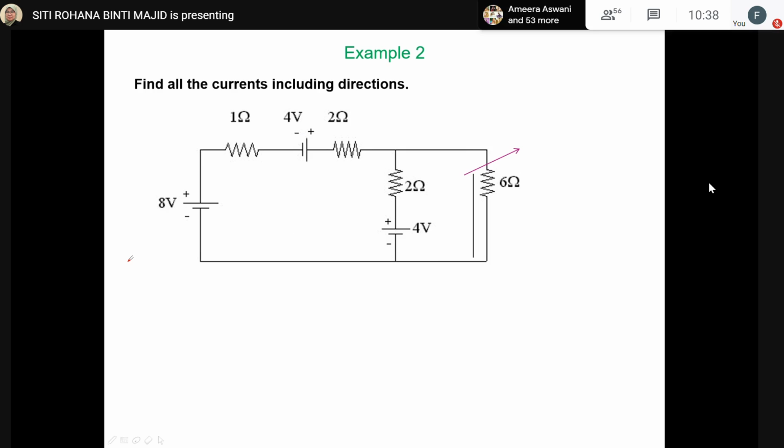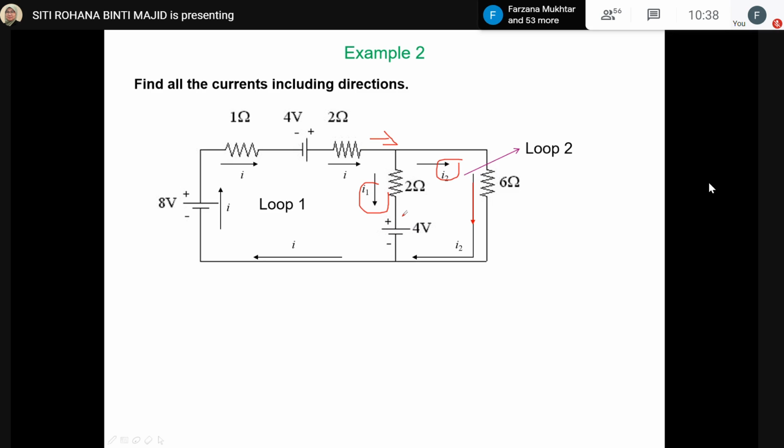Okay, so we go to the next example, where we want to calculate all the currents and also determine the direction of current flow for each resistor. Here we have loop 1 and loop 2. Here we have I coming in, and then going out as I2 and I1.